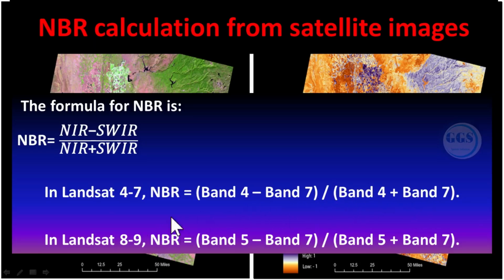However, if you are using Landsat 8 or 9, the bands you are going to use are band 5 minus band 7, all divided by band 5 plus band 7. So this is the formula used to calculate normalized burn ratio from Landsat image.